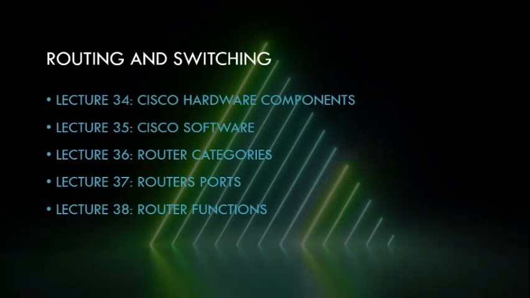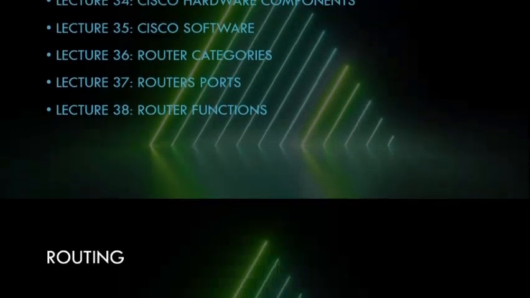Then we discuss the theory parts of routing and switching: the Cisco hardware components, their switches and routers, what is the Cisco software, what are the router categories, what are the router ports, and what are the router functions.